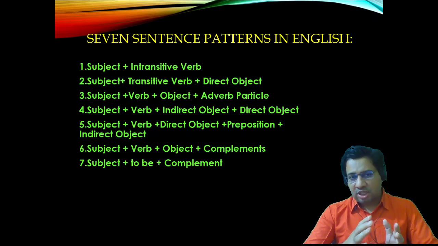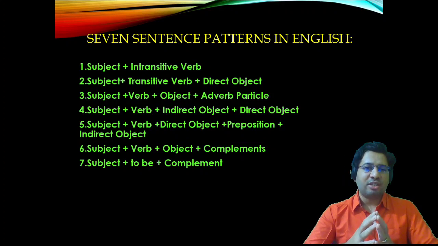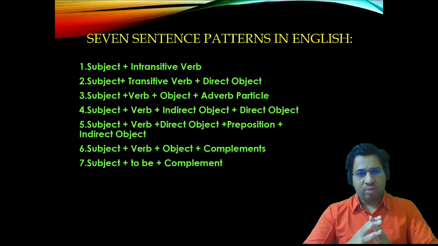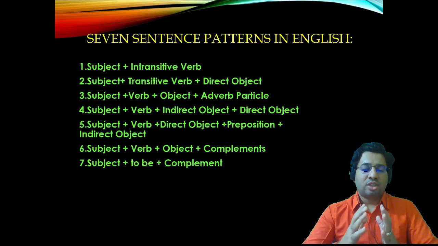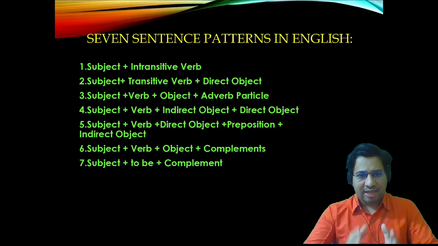Now, these are the 7 sentence patterns in English. Subject plus intransitive verb; subject plus transitive verb plus direct object; subject plus verb plus object plus adverb particle; subject plus verb plus indirect object plus direct object; subject plus verb plus direct object plus preposition plus indirect object.